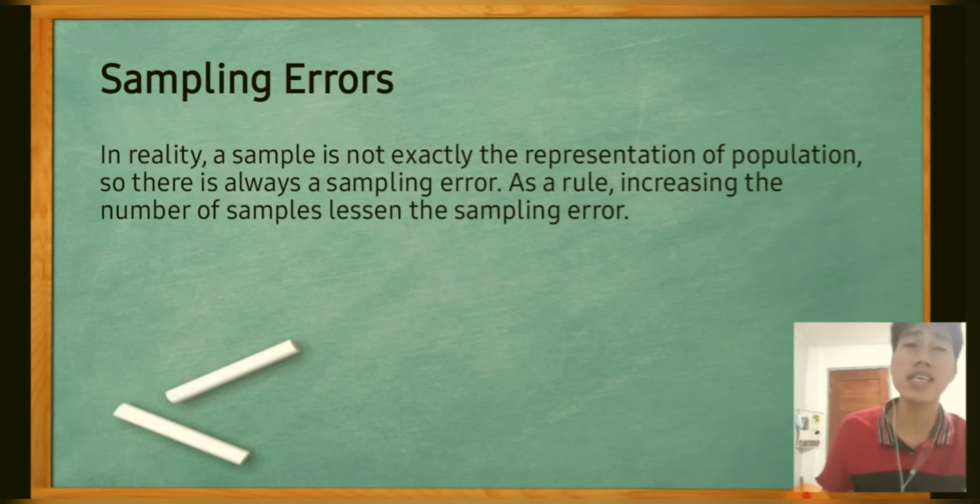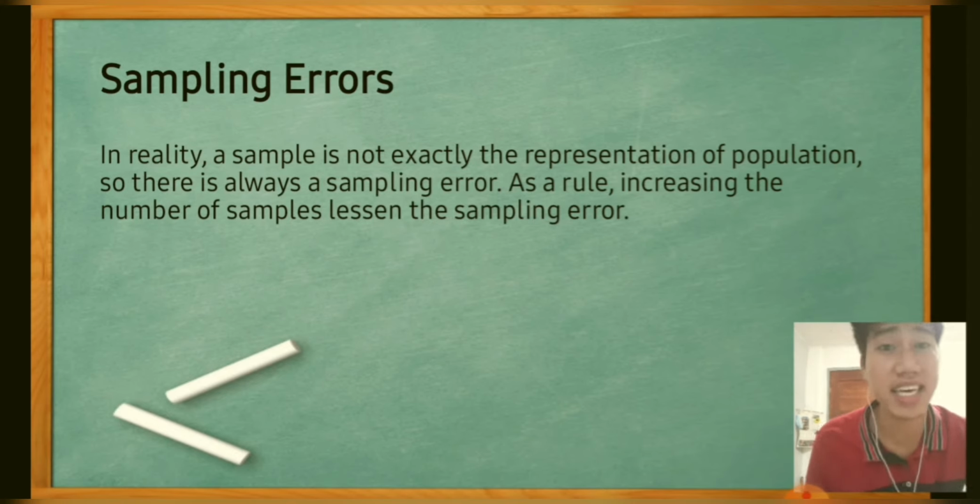So, when we say sampling error, in reality, a sample is not exactly the representation of the population. So, there's always a sampling error. As a rule, increasing the number of samples lessens the sampling error. Sampling error is very common, but we need to keep it as small as possible, because we want the sample to have the same characteristics as the population.